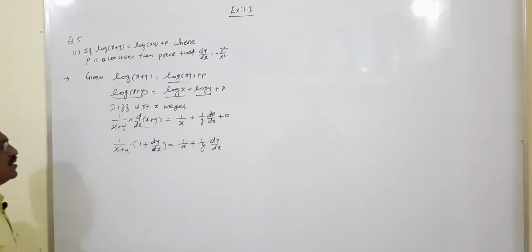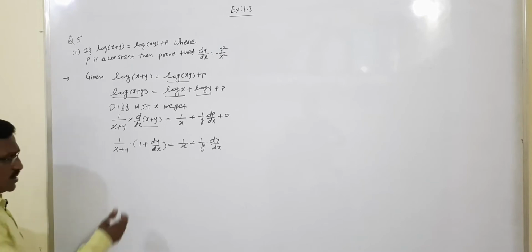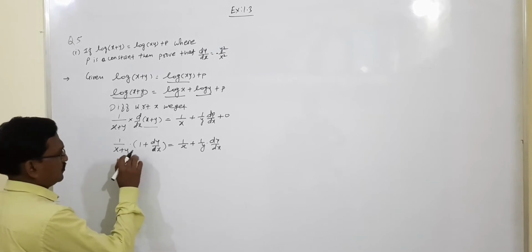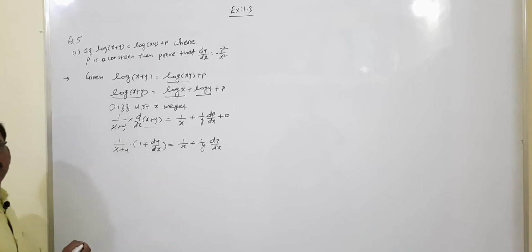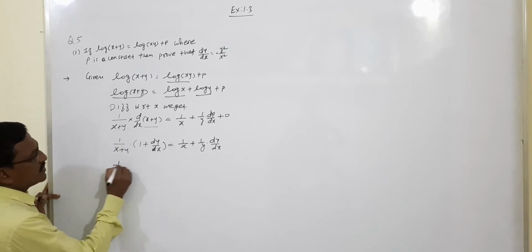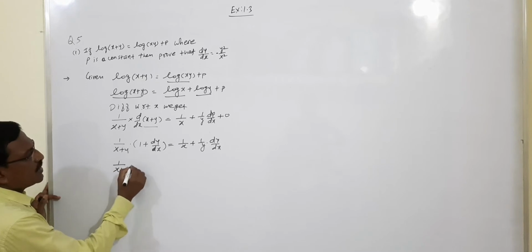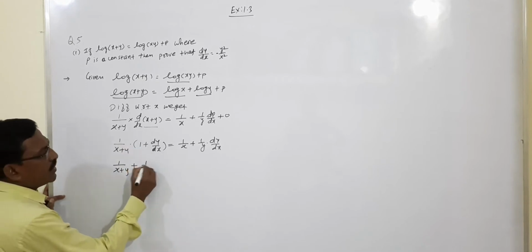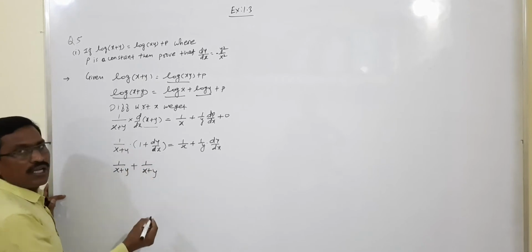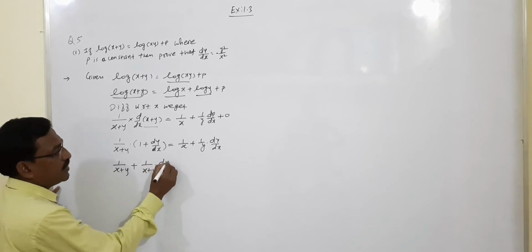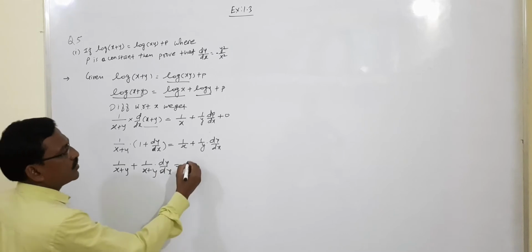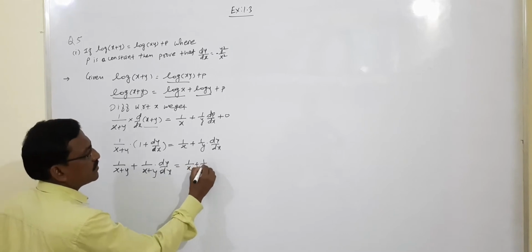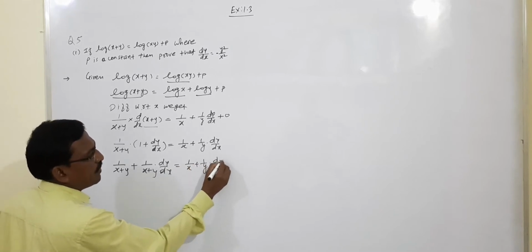Now we multiply this term: 1 by x plus y into 1 is 1 by x plus y, plus 1 by x plus y into dy by dx is equal to 1 by x plus 1 by y into dy by dx.